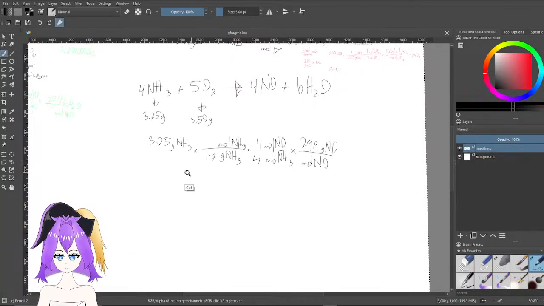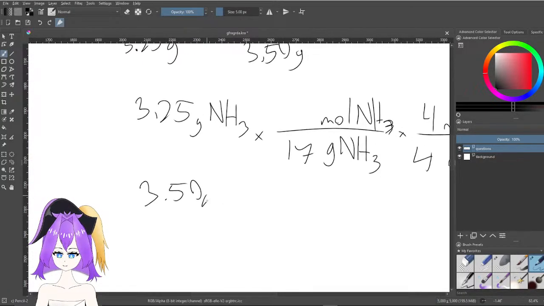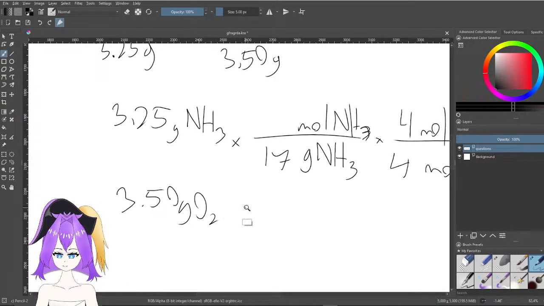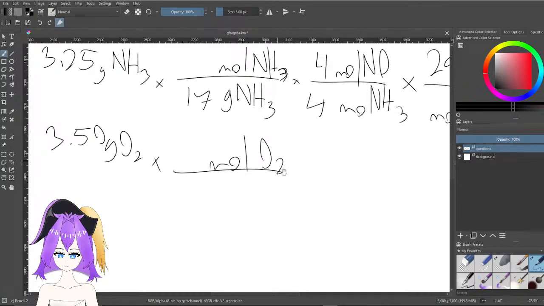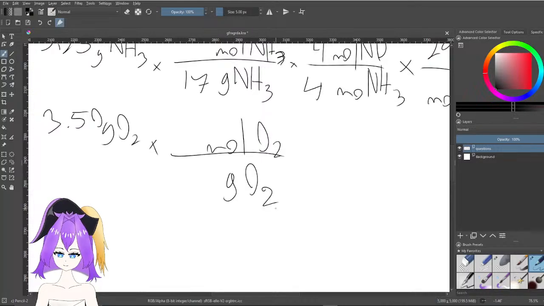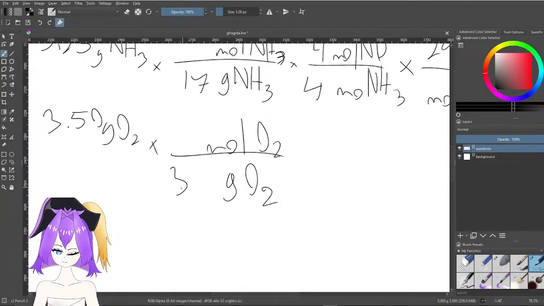Right. So that's that. So 3.50 grams of O2. Let's try this again. So we get moles of O2, grams of O2. This can be 15.9 times 2, 31.8.